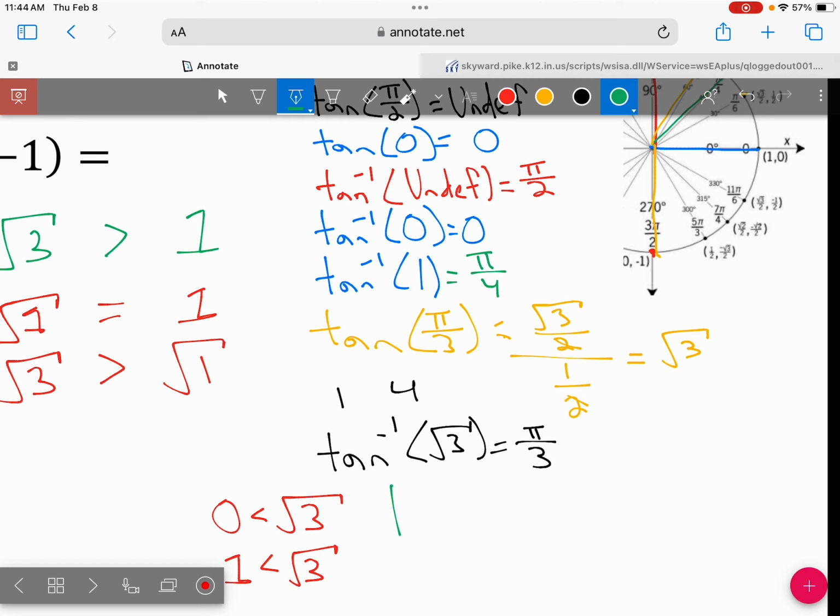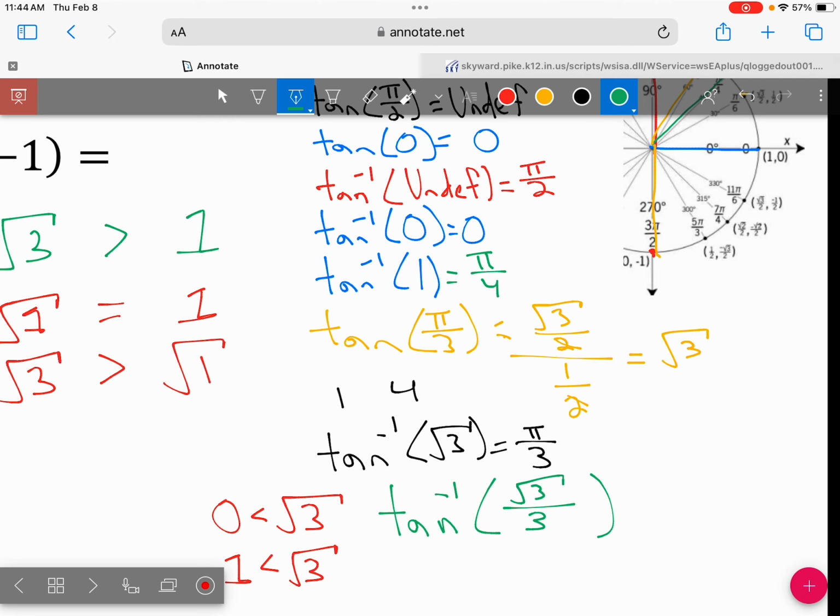So now, last but not least for tangent, the last thing that you could see is what's the inverse tangent of root 3 over 3. And we're going to apply our same exact philosophy. Is root 3 over 3 positive or negative? Positive. So it's going to be larger than 0.